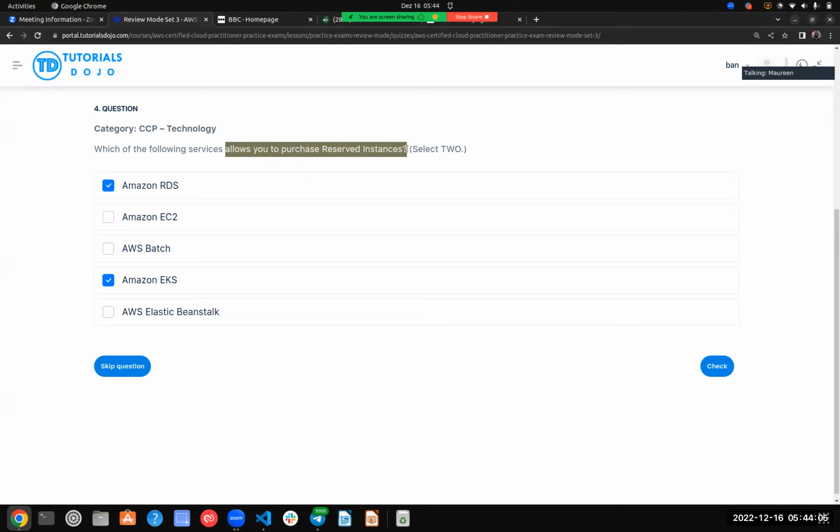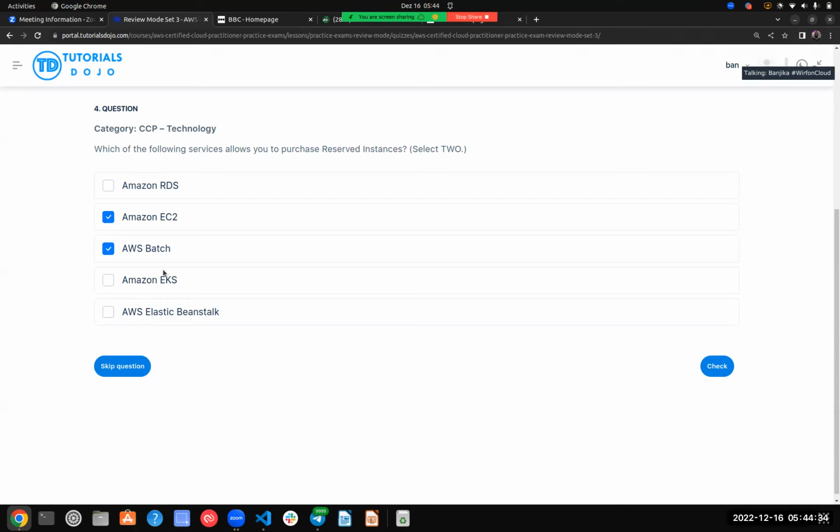I'm not sure of it, but let's just see. But which service gives us always the opportunity to purchase reserved instances? When do we start talking reserved instances? B and C. Okay.